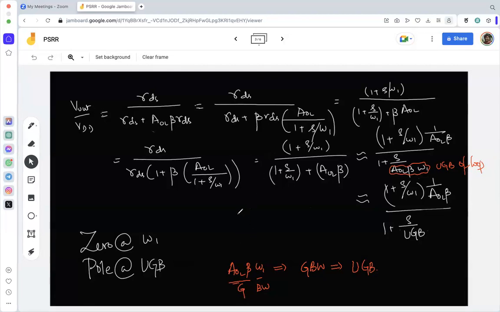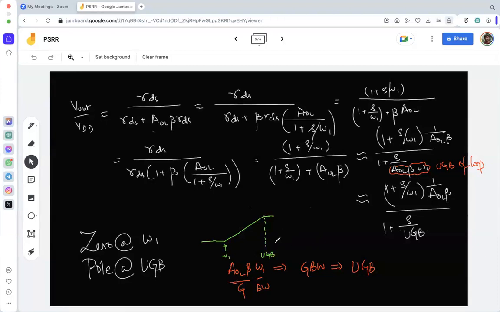Okay, how does it look? Now I'll use the same color for your convenience. The PSR plot started to move up. This is omega 1. It moves up to some extent, and at the UGB there will be a pole, meaning the curve flattens out.